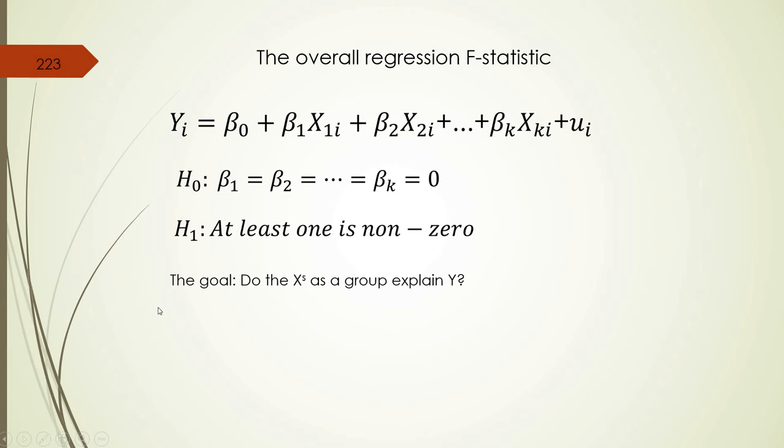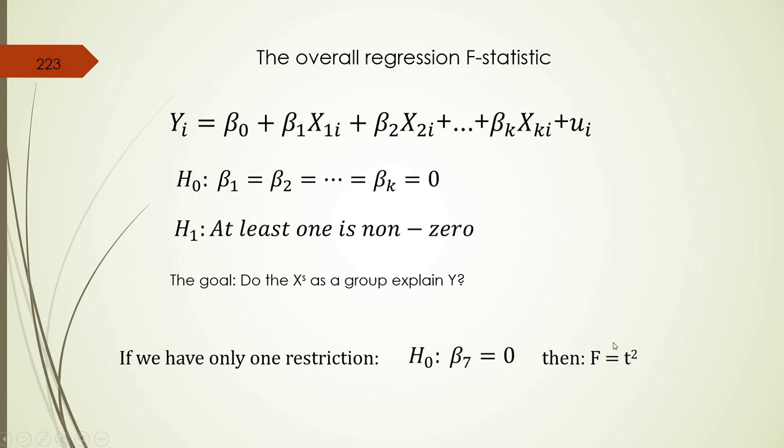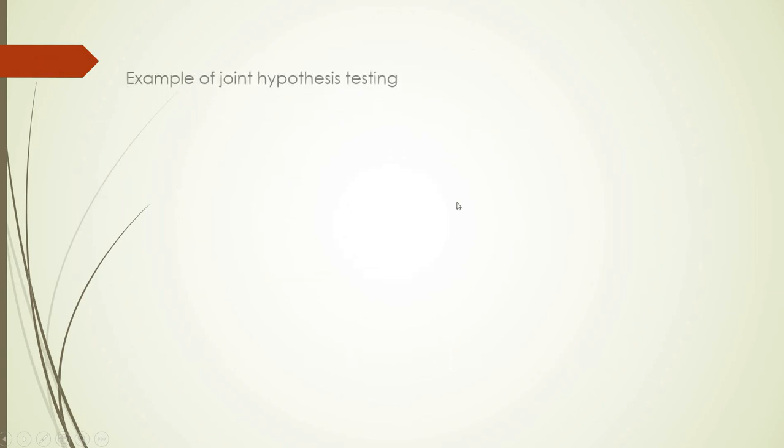The goal of this testing is to answer the question: do the x's as a group, do our independent variables as a group, explain y? If we have only one restriction, it goes like this, F equal to t squared, but in this case, we have as many restrictions as we have independent variables or coefficients.